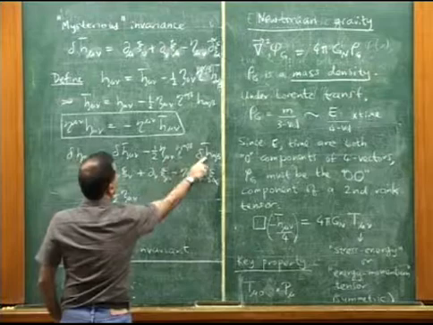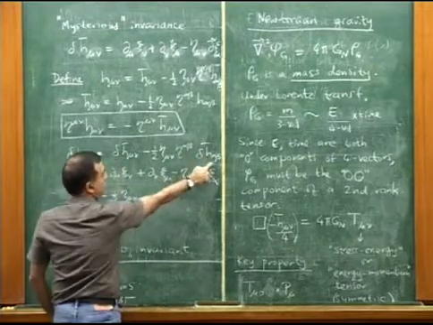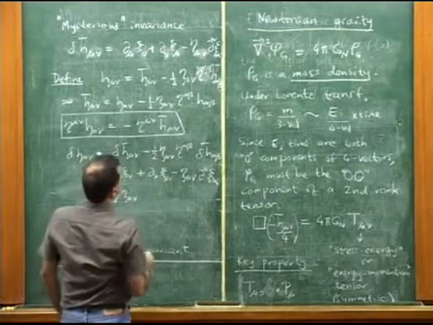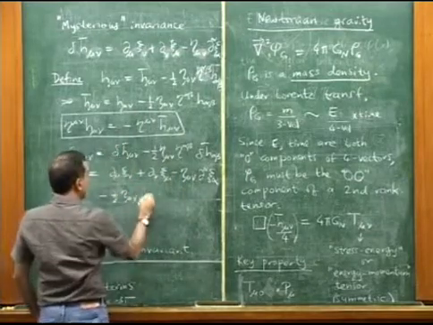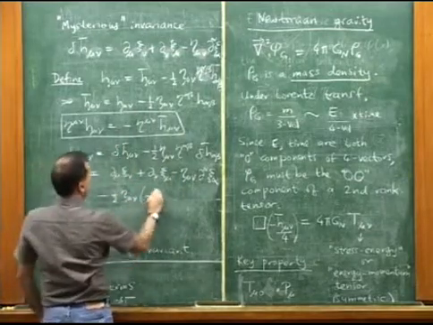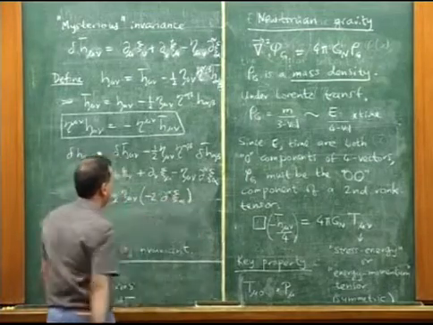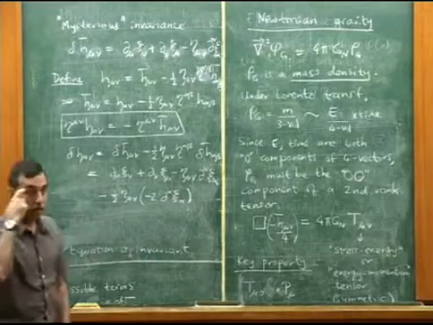The variation of the trace is of course the trace of the variation, which is the trace of that whole thing, which is minus twice the divergence of psi. Is that clear?